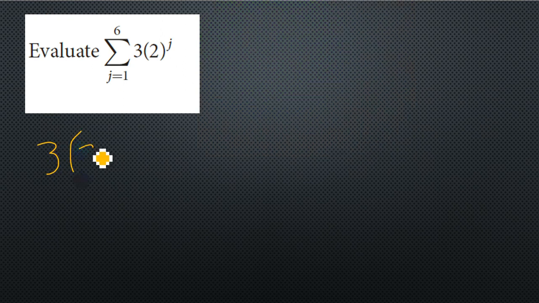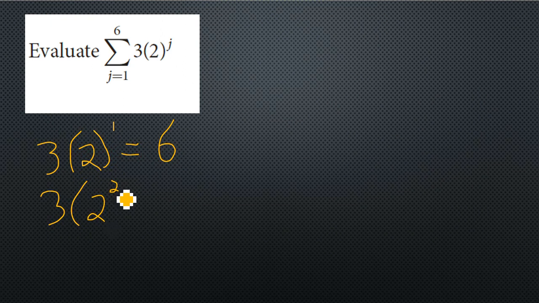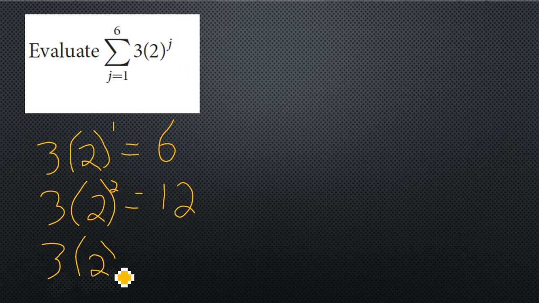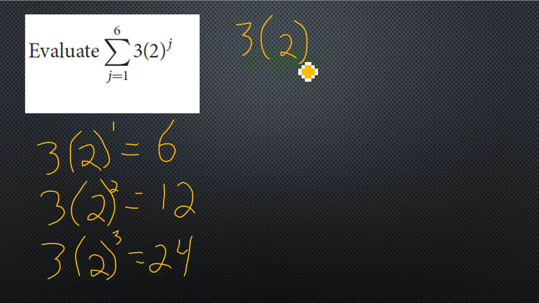So we get 3 times 2 to the first, and that's going to equal 6. Then we have 3 times 2 to the second. That's going to equal 12. And we have 3 times 2 to the third. That's going to equal 24. And we have 3 times 2 to the fourth.